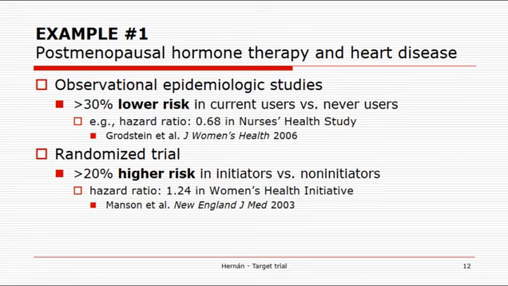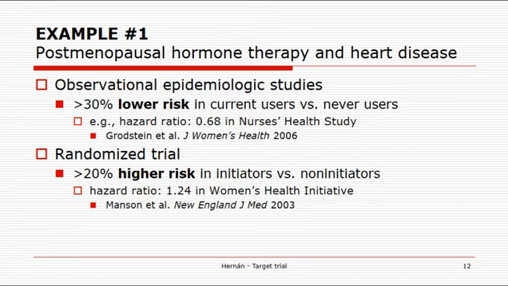In the 1980s and 1990s, there were many observational studies that tried to estimate the effect of post-menopausal hormone therapy on the risk of heart disease among women. And these studies, which were published in the best medical journals, all found apparently a benefit of hormone therapy. They found hazard ratios of about 0.7.